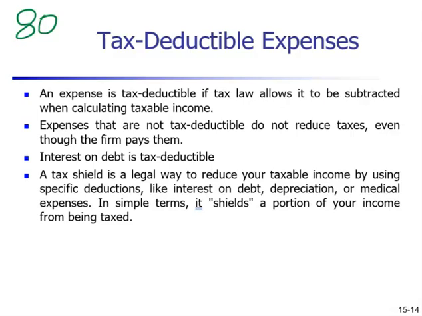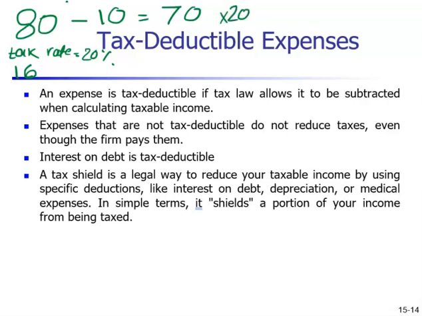Without interest, if the tax rate is 20%, you should pay $16 in tax. But now we apply a tax deductible expense, for example, interest here. Let's say it is 10. So the taxable income after applying that 10 would be 70. And when you apply that 20% rate of tax, you come up with $14.